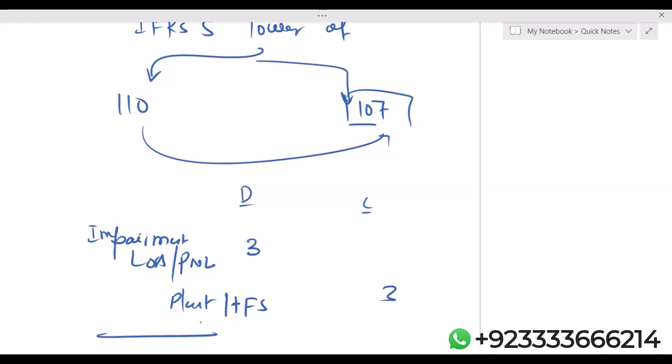So under IFRS 5, if there's a reversal of impairment loss, that will go to P&L. If there is an impairment loss, we have to recognize it in P&L. So simply, under IFRS 5, we never create revaluation surplus. We never reduce or eliminate revaluation surplus. But if instead of IFRS 5 I talk about IAS 36, then according to IAS 36, when you need to recognize the impairment loss, first you need to see: is there any revaluation surplus in the carrying amount of the asset?